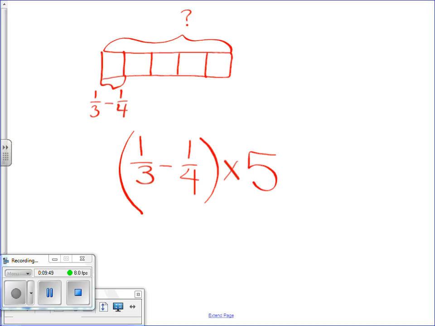Because if I do it by 1/5, that's only telling me 1/5. 1/5 is right there. It's only 1 square. But if I do it by this one, by this one, by this one, by this one, by this one, guess what it tells me? It's that. Just like if they were a 2 here, a 2 here, a 2 here, a 2 here, and a 2 there. I know!